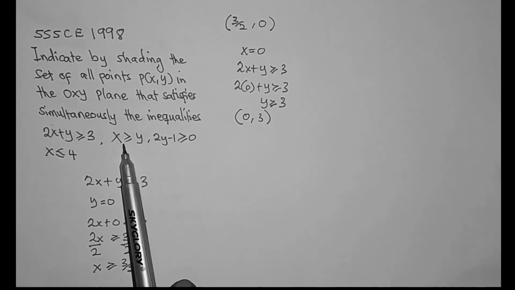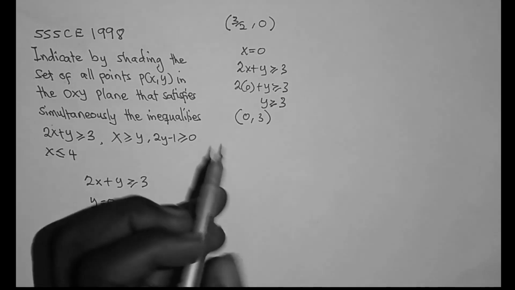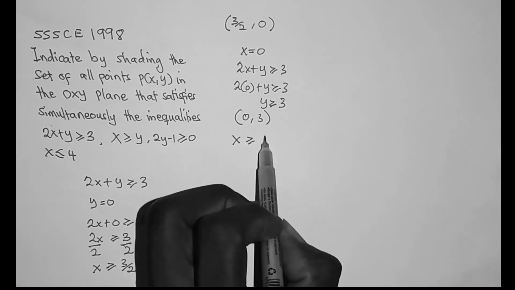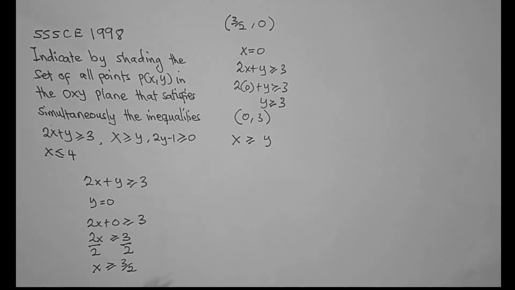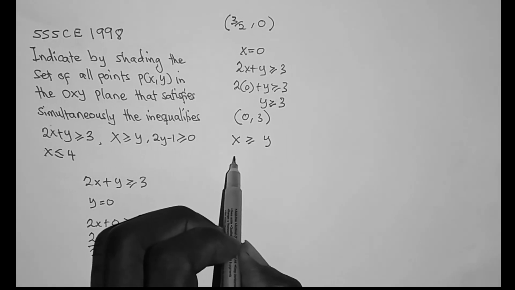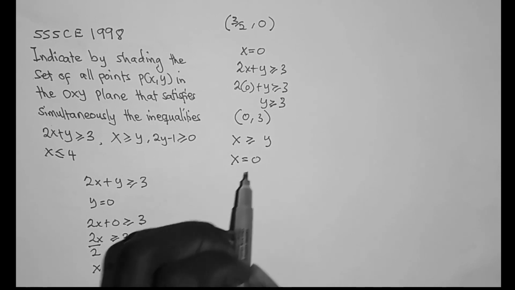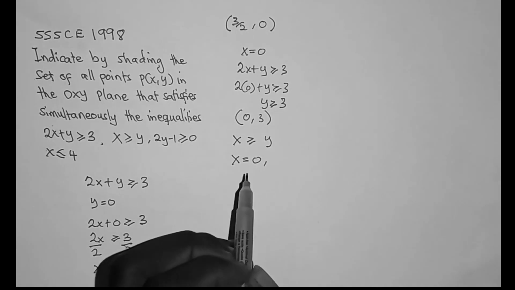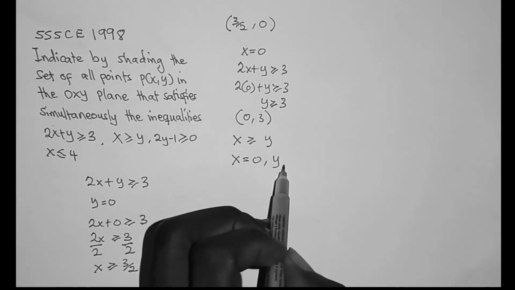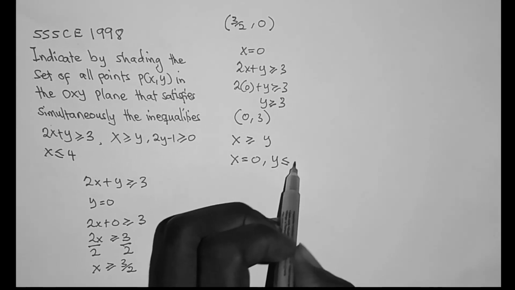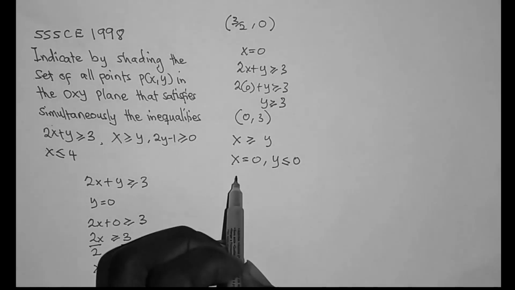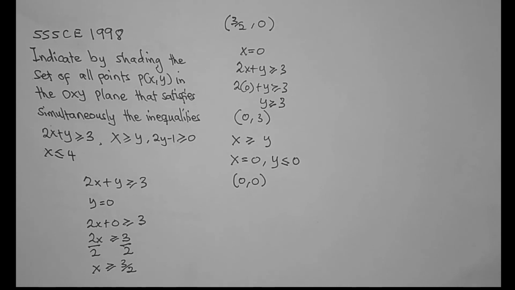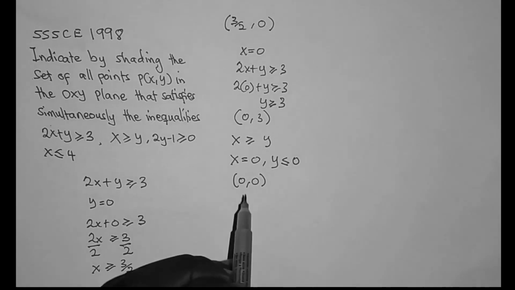The next inequality is this one. Let's take x is greater or equal to y. Let's put x equals 0 into this inequality. If x is equal to 0, then y is less than or equal to 0. So we have the point 0, 0 on this line.